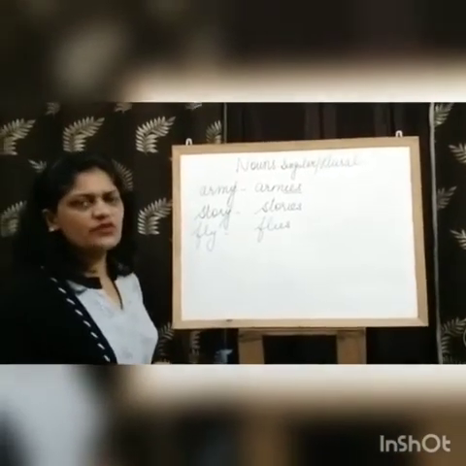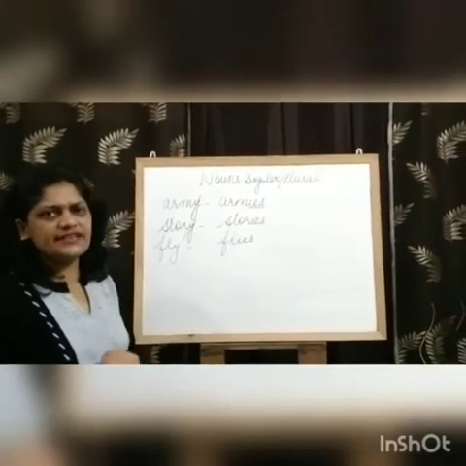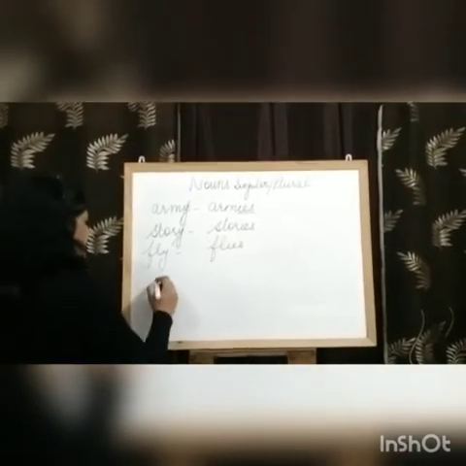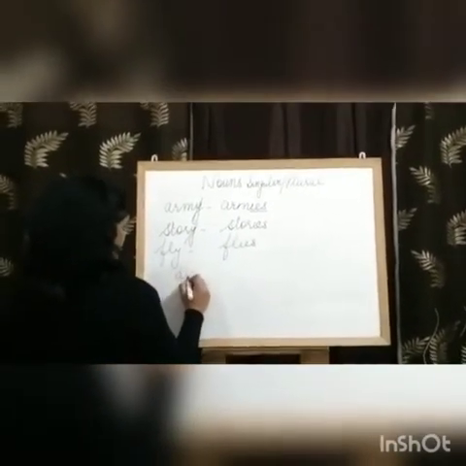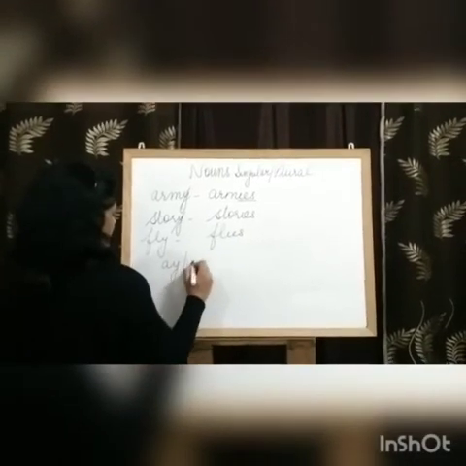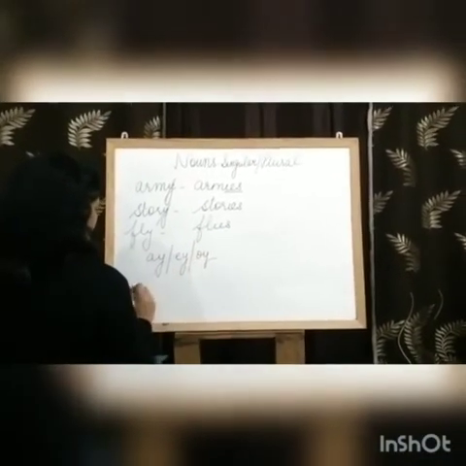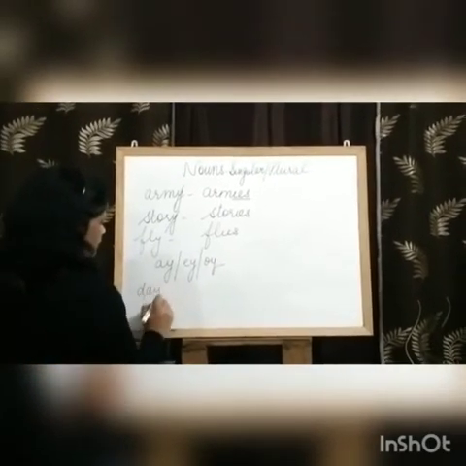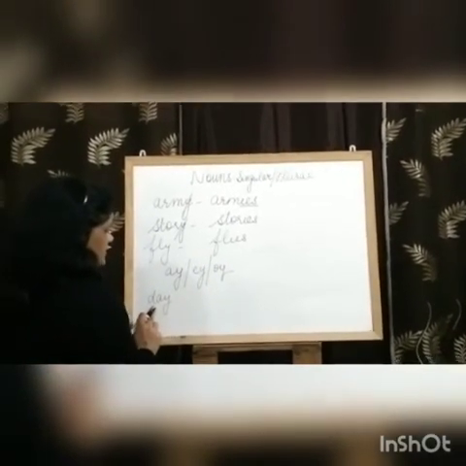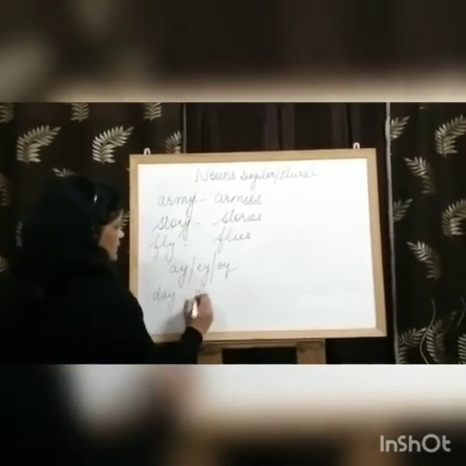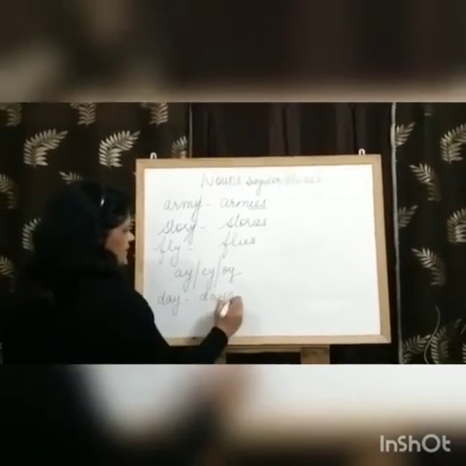But there are some words where we don't cut Y and we don't use IES. Like when there is a vowel before Y, such as AY, EY and OY. For example, day. With Y we are using A. This is a vowel. So we will use S here.